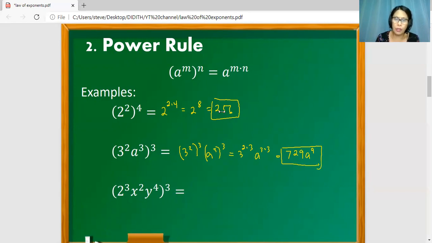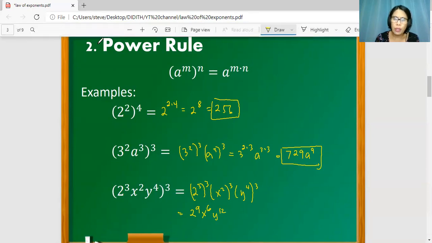So in the third example, this is equal to 2 cubed to the third, x squared to the third, and then y to the fourth to the third. So this is 2 to the ninth, x to the sixth, and y to the 12.